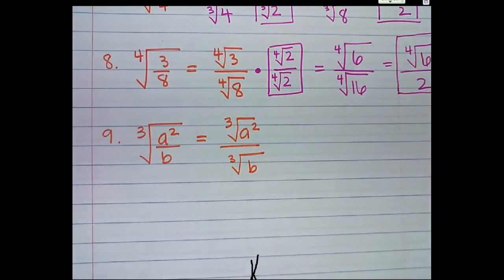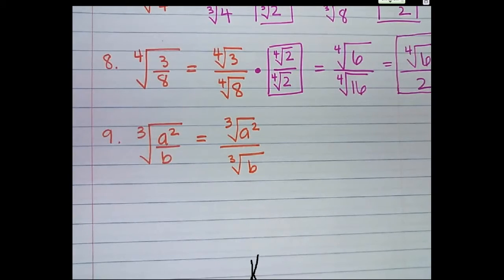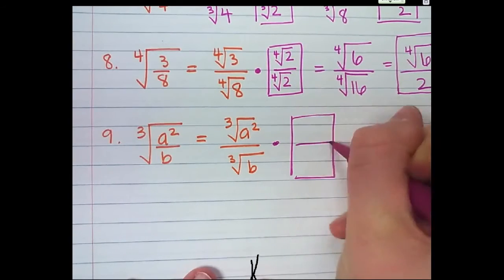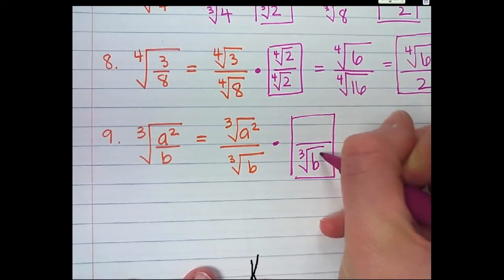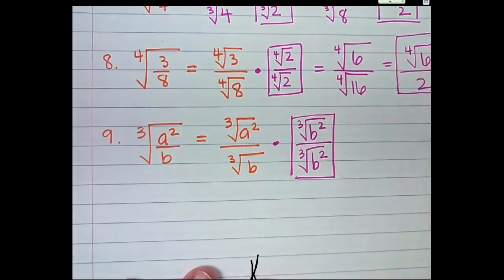So they gave us cube root of b. What would have to be under here for me to be able to take it out of there? B cubed, but are you saying multiply by b squared? Okay, you just added. That's fine. What I was trying to say is, this is what we have. I need it to be this, because then I can divide evenly. So I have 1, I need 3, so I need 2 more. So I need this to be cube root of b squared.